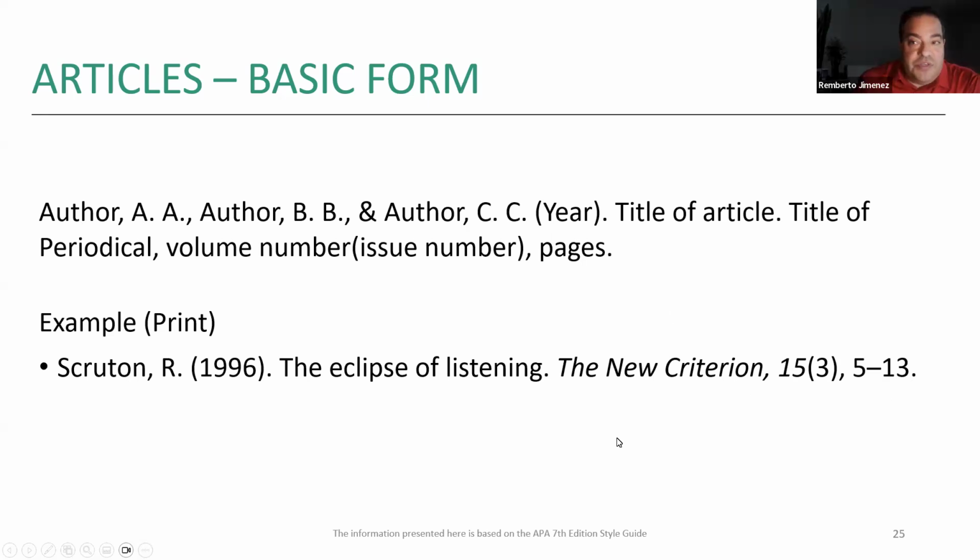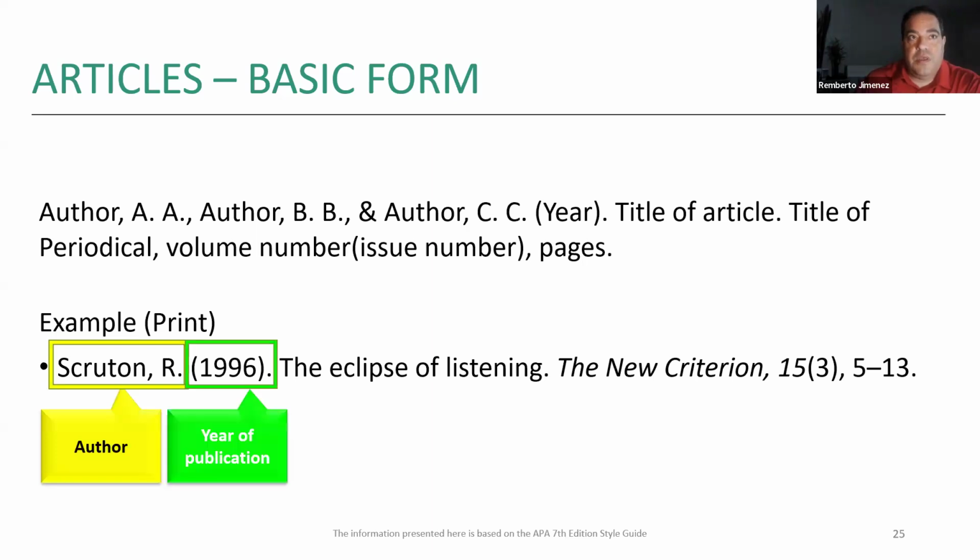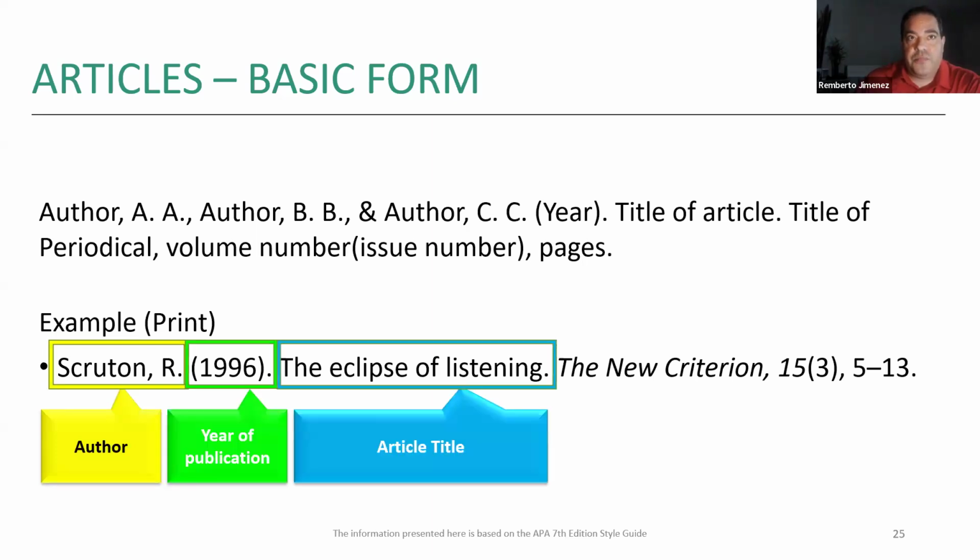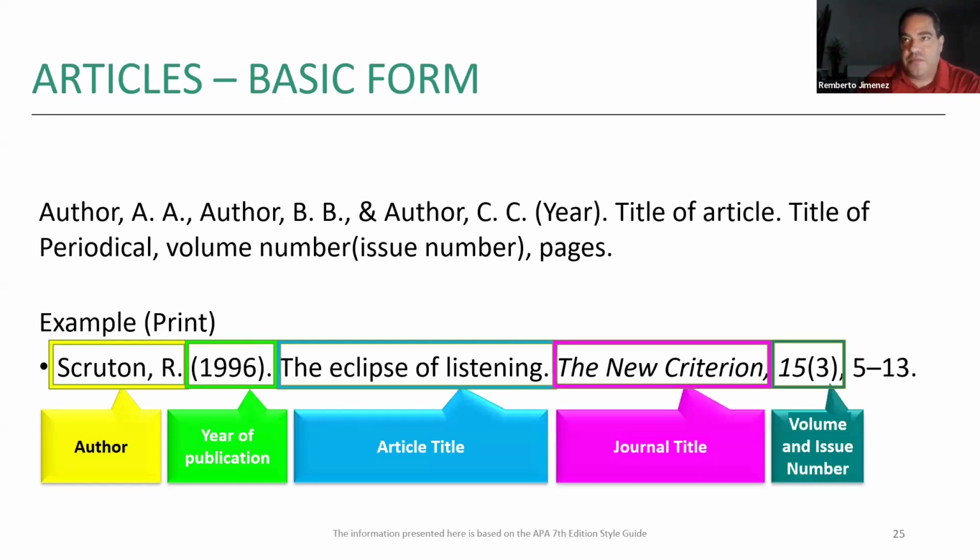The good news is you can easily get this information from some of the online journals and databases, but if you don't, you should at least know the format. These formats can also be found in the Purdue OWL, as well as the apa.org website. So again, the author, the year of publication, the article title, the journal title, the volume and issue number, along with the page number. This is your basic form for an article.